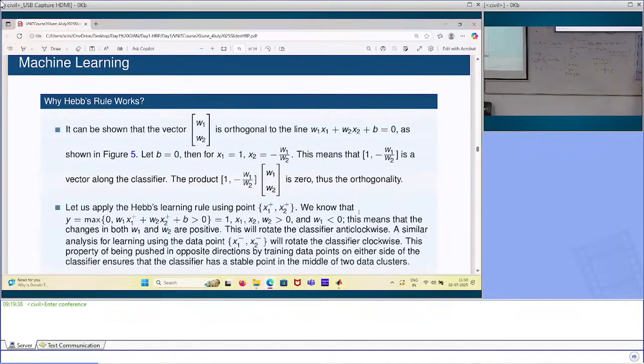So x1 is 1, x2 is minus W1 over W2. So you have the vector (1, minus W1 over W2) and (W1, W2).